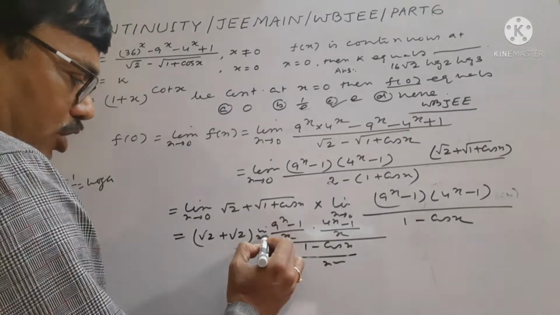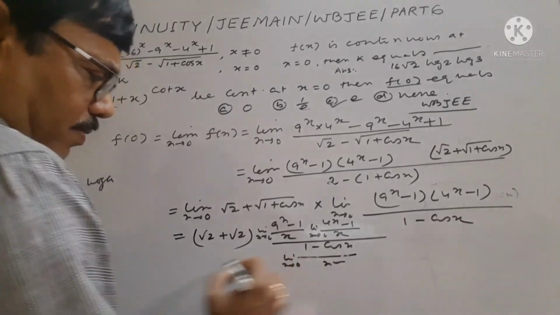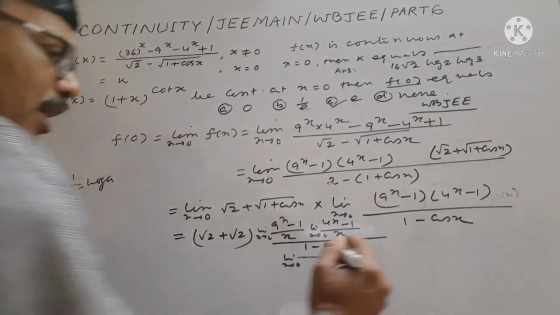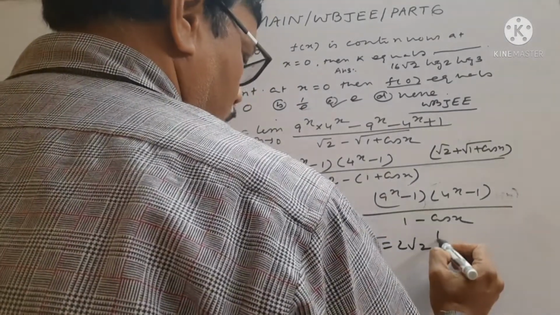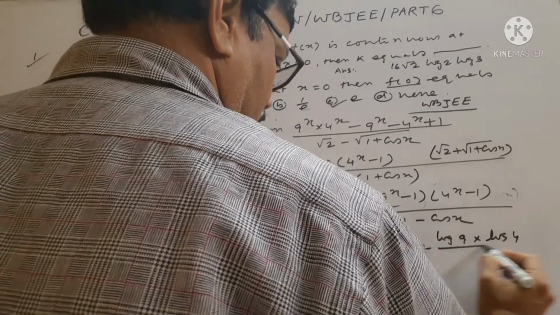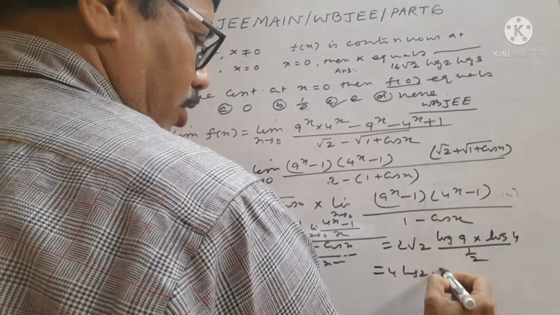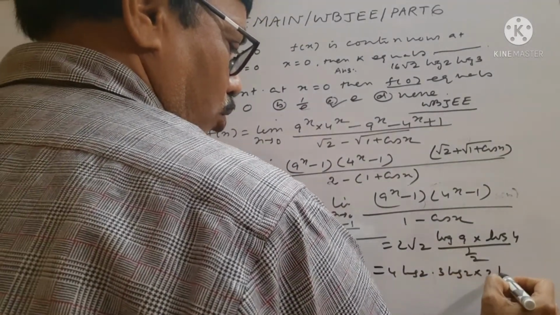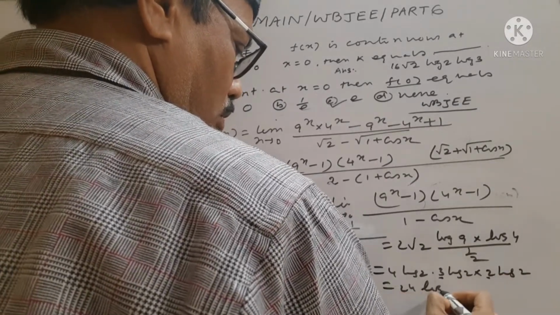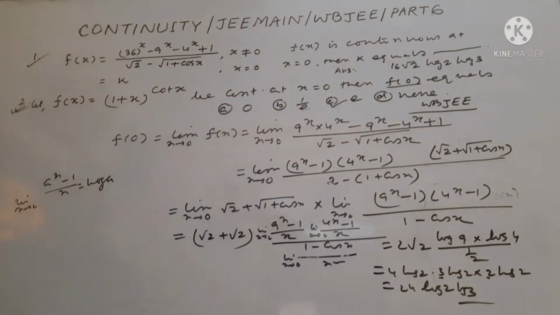In a competitive exam, no need of writing this; you write directly. This is 2 root 2, this is log 9, this is log 4, and this is half. So 4 root 2 into 3 log 2 into 2 log 2, so 24 log 2 log 3.